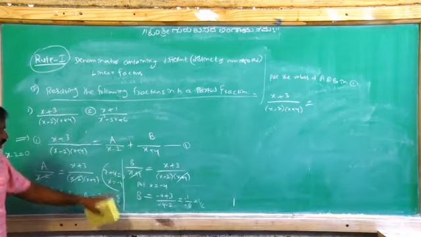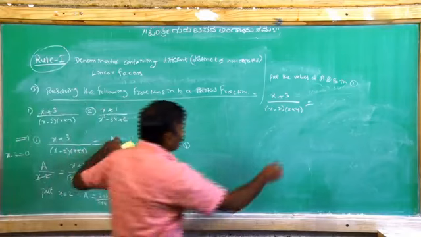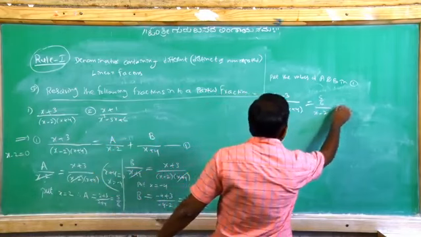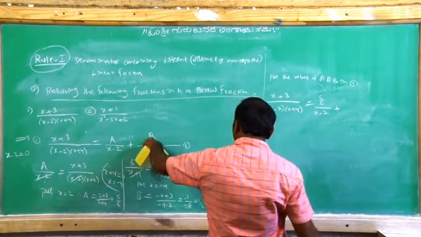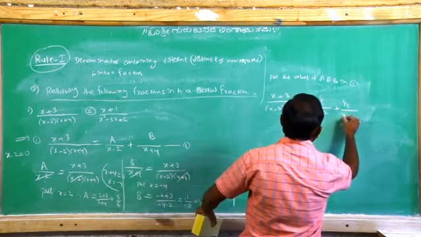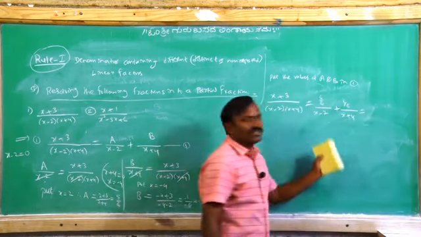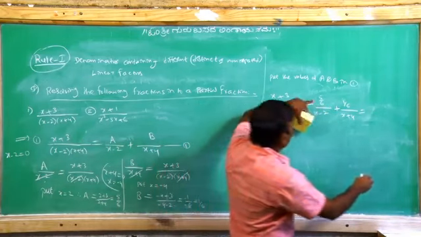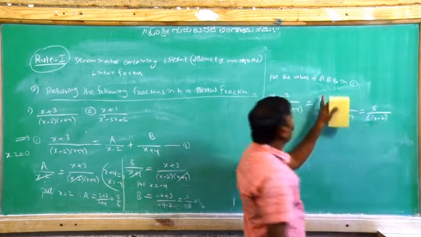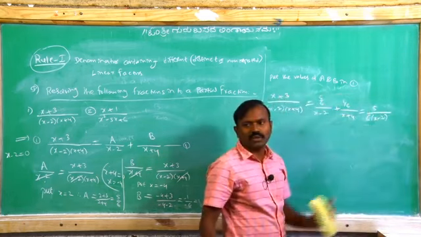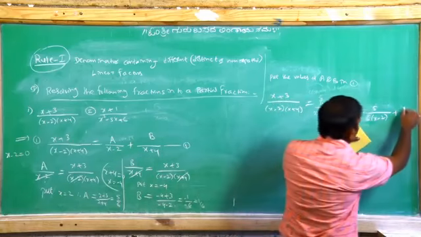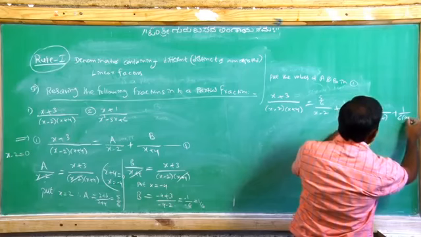In place of a is 5 by 6, so 5 by 6 over x minus 2, plus in place of b is 1 by 6, so 1 by 6 over x plus 4. This is also written as 5 by 6 into 1 over x minus 2, plus 1 by 6 into 1 over x plus 4.